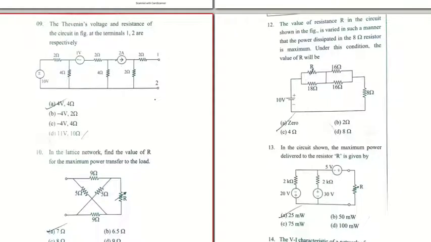So I am going to open circuit this current source. There is no connection between this particular part and the rest, so I have to consider only these two resistances.